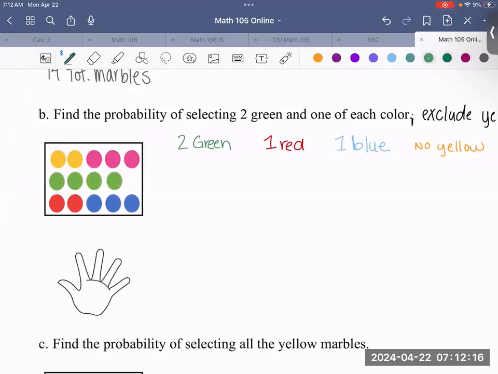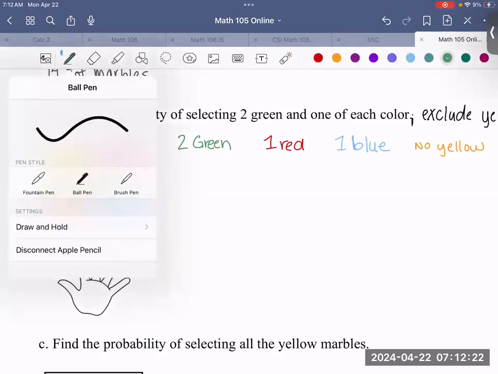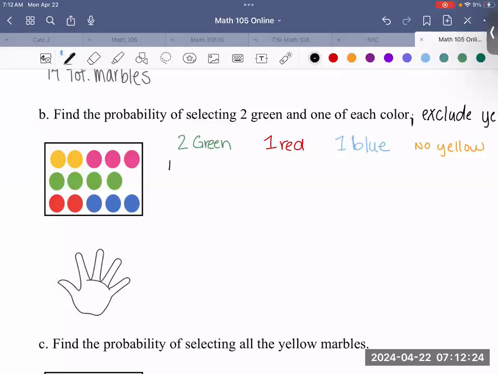It wants 2 green. So of my green, how many do I have in total? Well, I have 4 total green, of which I'm going to be selecting 2. So 4 choose 2. Okay, so I got my 2 green. They are in my hand. This comes out to be 6.